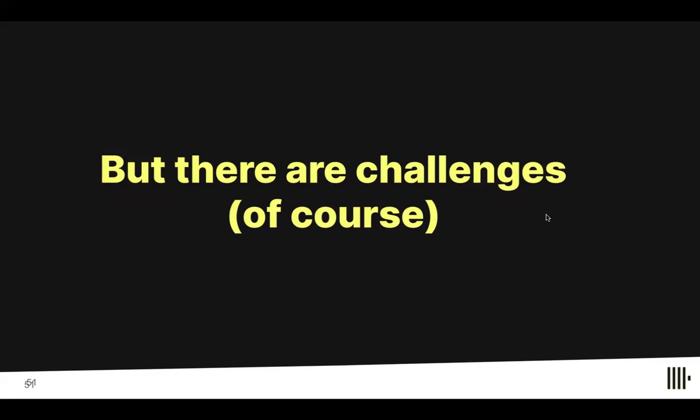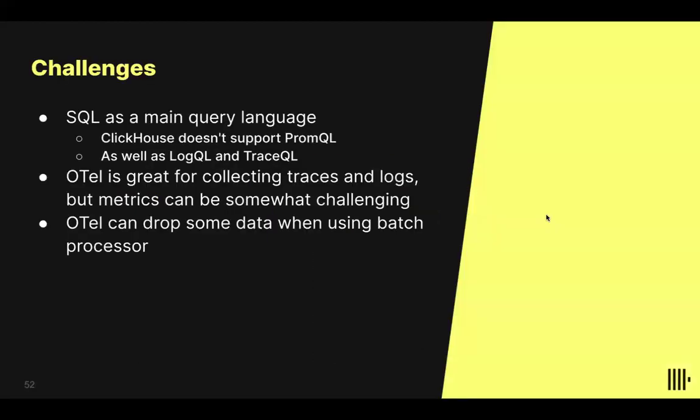So what are the trade-offs? Well, from my perspective, one of the biggest trade-offs that you have to accept is that SQL becomes the main query language. ClickHouse does not support PromQL, it does not support LogQL, does not support TraceQL. The native language for ClickHouse is SQL.